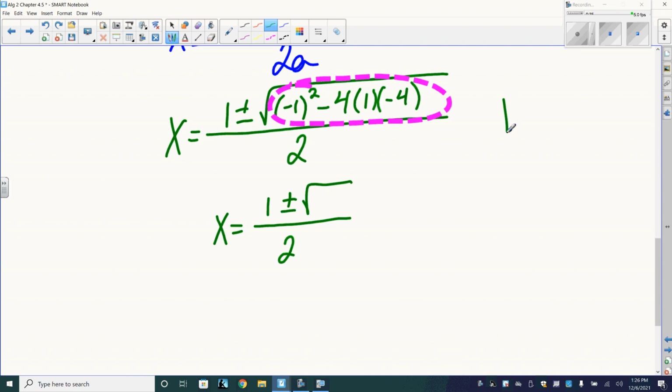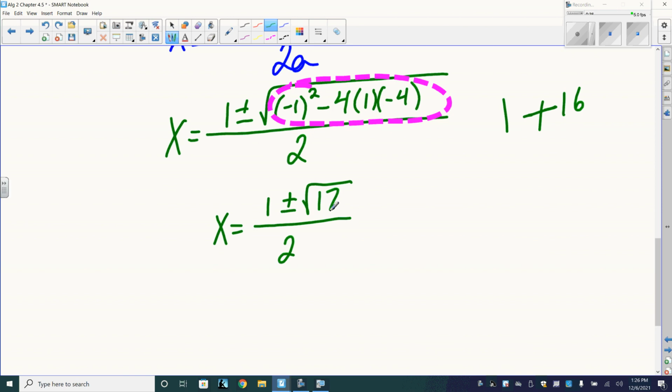Well, negative 1 squared is going to be 1 minus, well, 4 times 1 times negative 1 is negative 4, and minus negative 4 adds together, you get 17. Do we get that? Yeah. That's right, you just add them together.